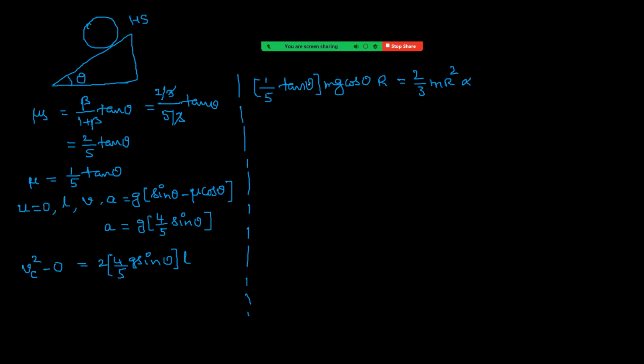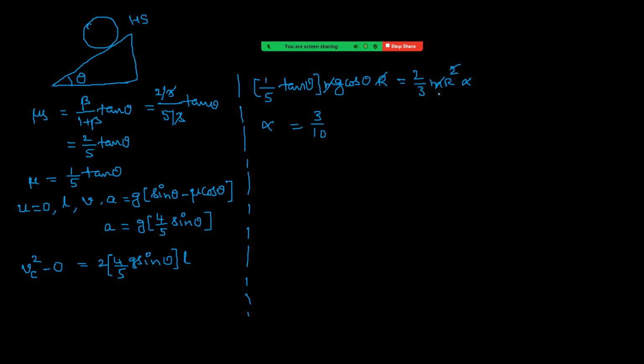Now simplify this. Tan is sine by cos. Cos gets cancelled. Remaining is now mg sine theta by 5. You can see one r gets cancelled, m gets cancelled, alpha equal to 3 by 10.